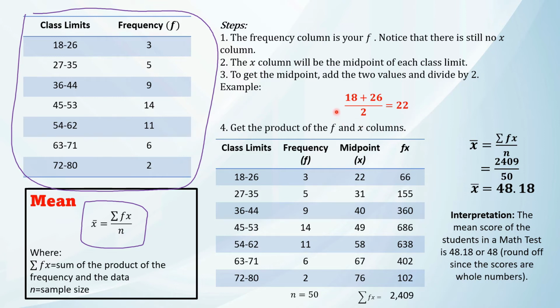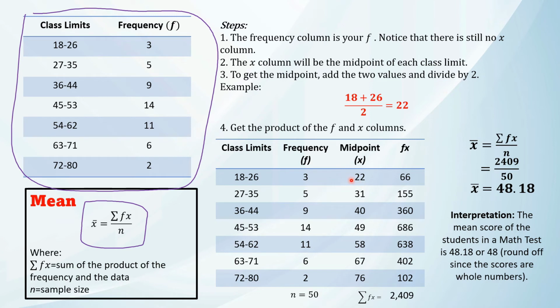For example, given this interval 18 to 26, we will add 18 and 26, so 18 plus 26, and divide it by 2. The answer is 22. Therefore, the midpoint of this class interval is 22.